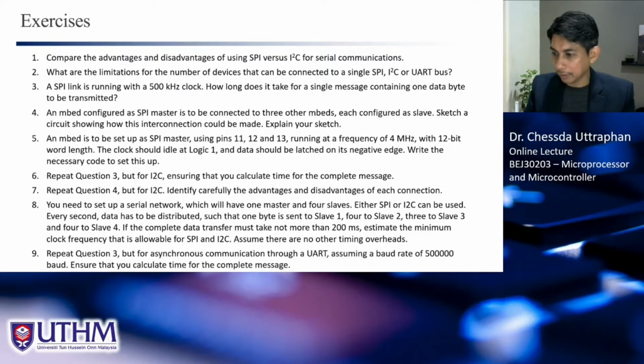Okay, very fast. Anyone can answer this? I think we have the answer in the chat. Let's have a look at this.